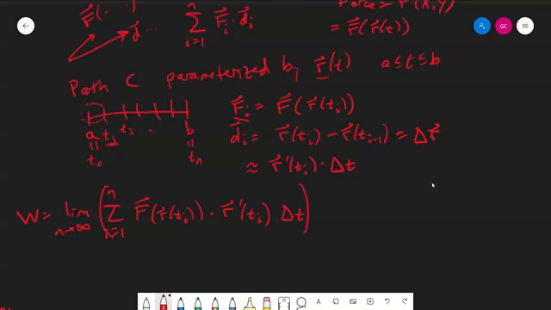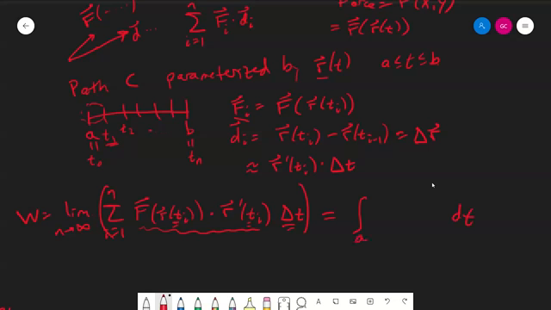And well, the inside here, it looks fancy because it's a dot product of vectors. But a dot product of vectors is ultimately just an ordinary scalar function. And it's a function of t. And since I have a function of t times delta t, and I'm taking the limit as n goes to infinity, this then just becomes an ordinary single integral in terms of t.